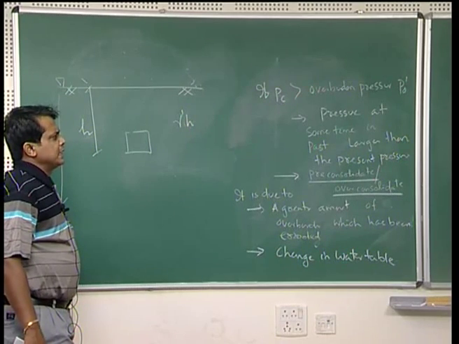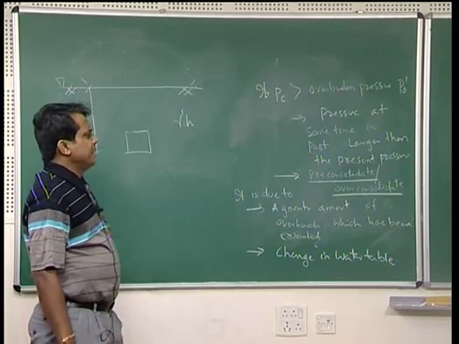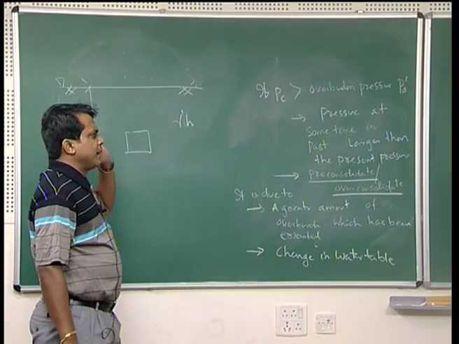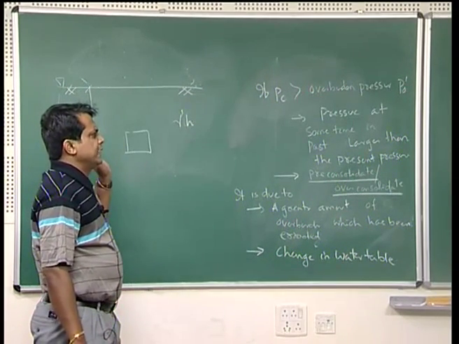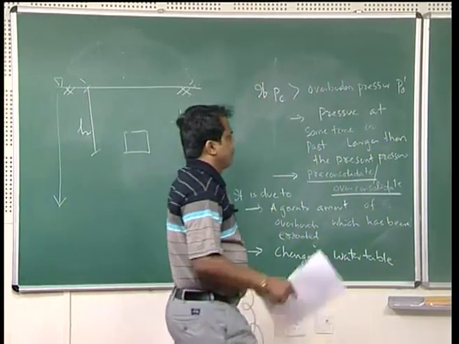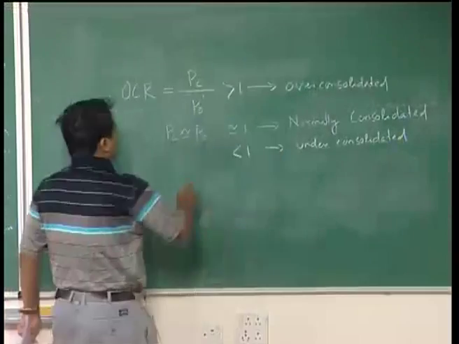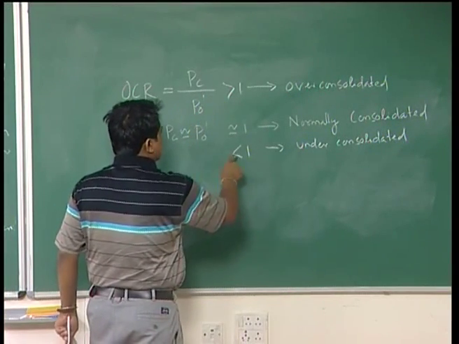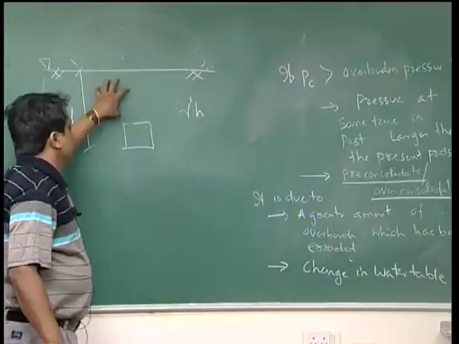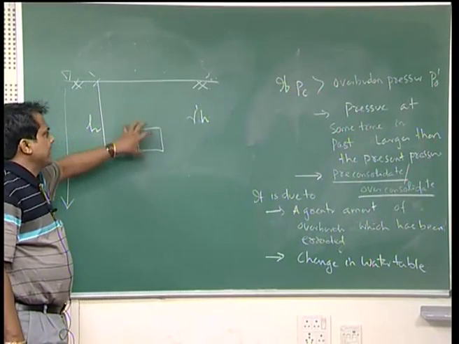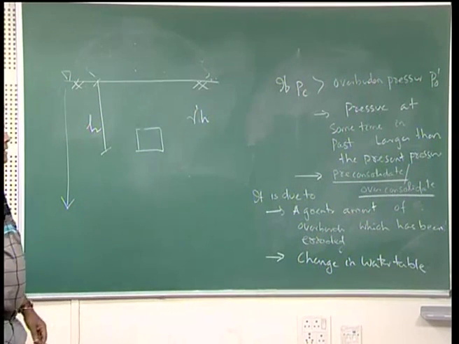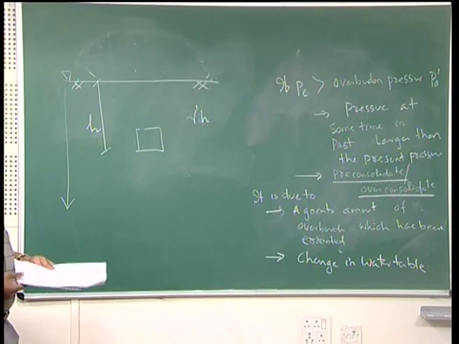In over consolidation or pre-consolidation, the consolidation process already started in the past, it was already consolidated, so it is just continuing. Now, if Pc is less than P0, what does it mean? That means it is under consolidated. That means the pressure in the past was less than the overburden pressure now. That means the consolidation process has not been started yet.